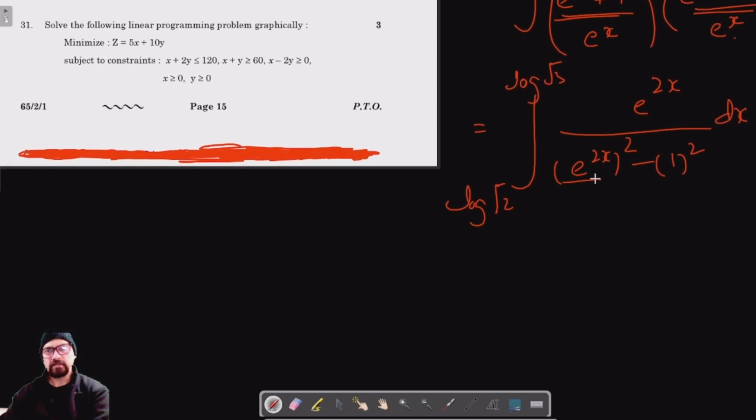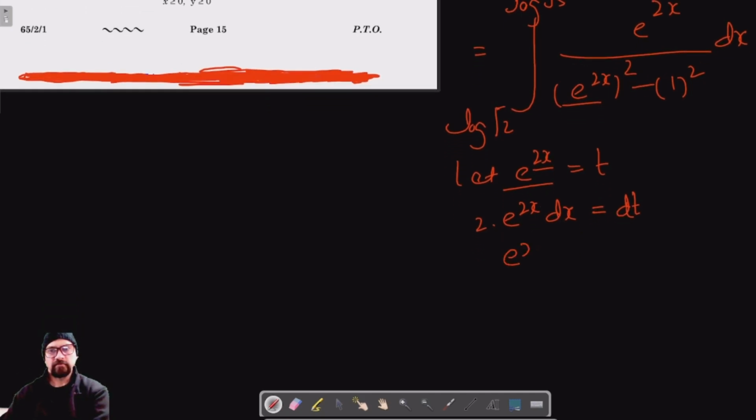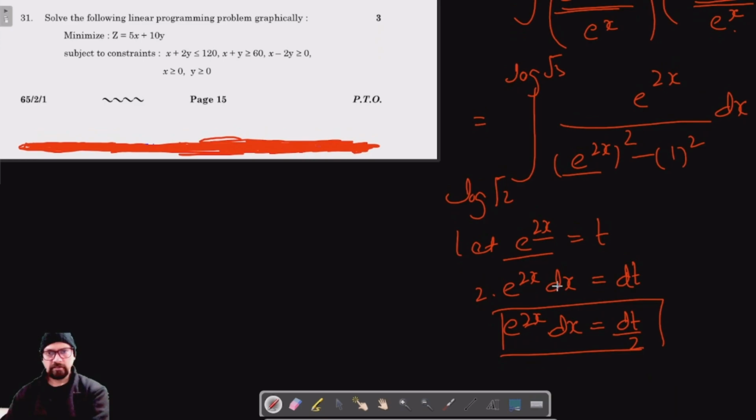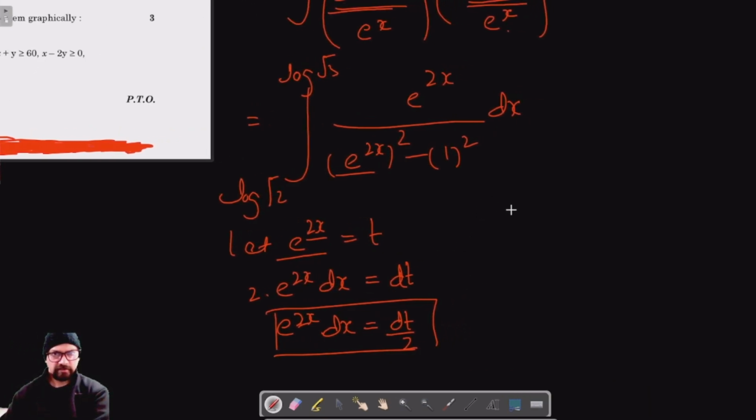Now let's make the substitution. Let e raised power 2x be equal to t, and differentiation of e raised power 2x is e raised power 2x into 2 into dx, equal to dt. So e raised power 2x into dx is equal to dt by 2. Because we make the substitution, let's get new limits as well.